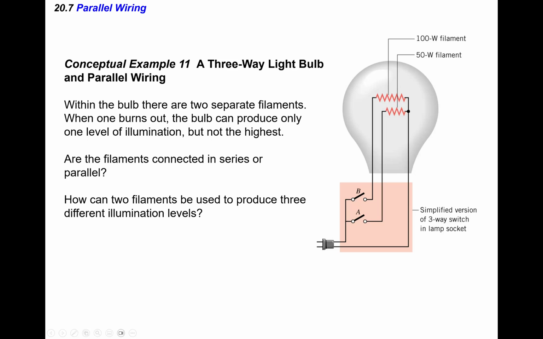It also asks how two filaments can be used to produce three different illumination levels. Connect A, you have one level, connect B, you have one level, and connect both of them, you have the third level. So that's why it's very simple. Only two resistances are needed.